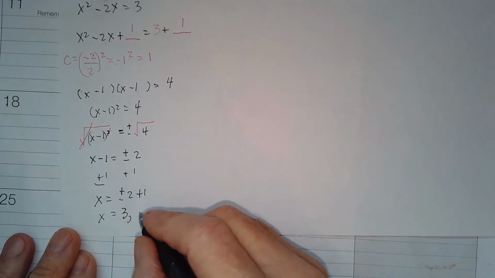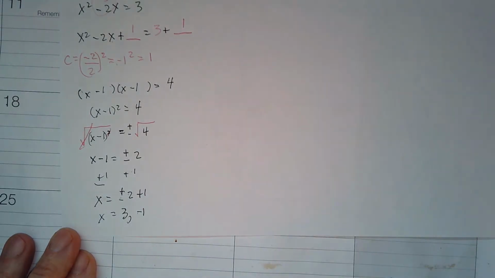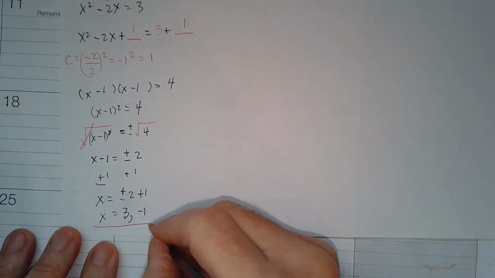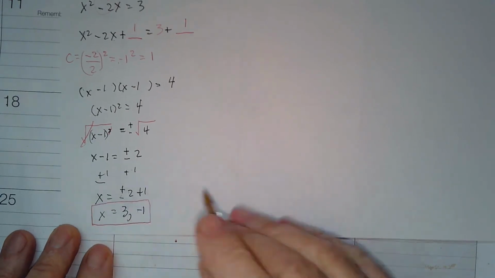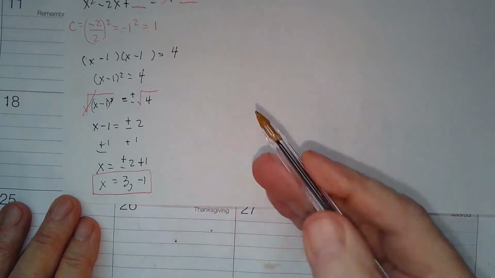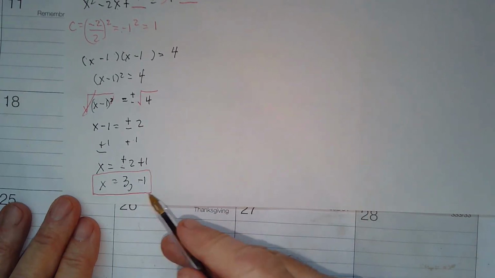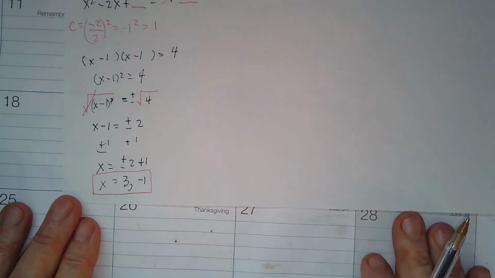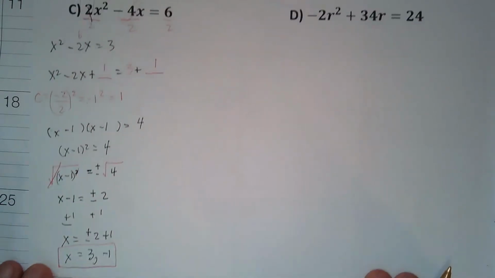Negative 2 plus 1 is negative 1. So that would be our answer for this particular problem. So you'll notice, again, we went through the same process and we ended up with two real numbers. Okay? All right. Last one.